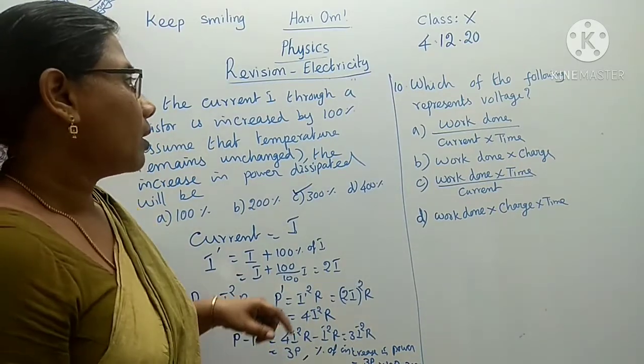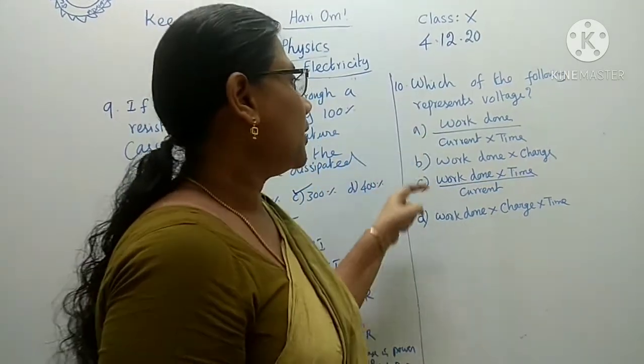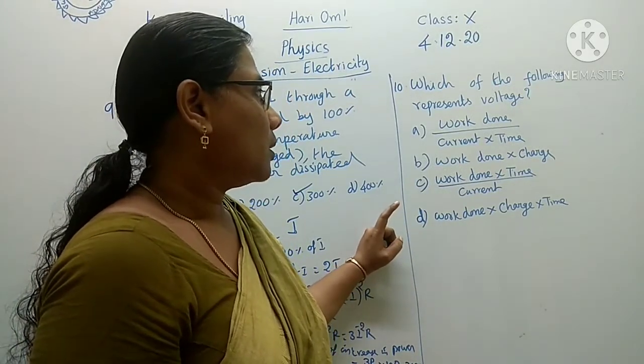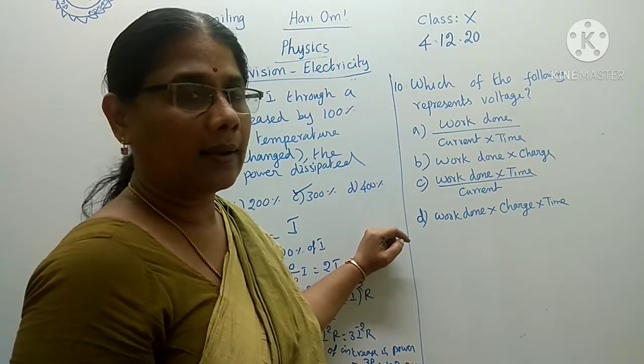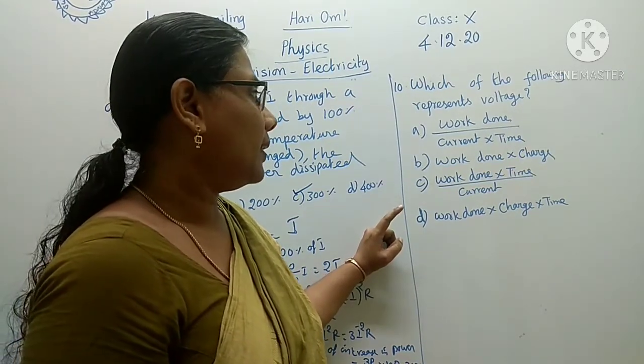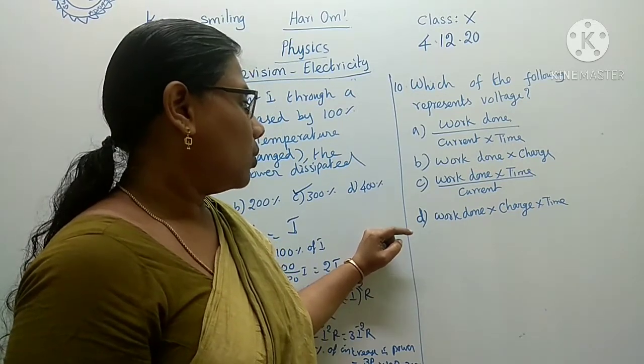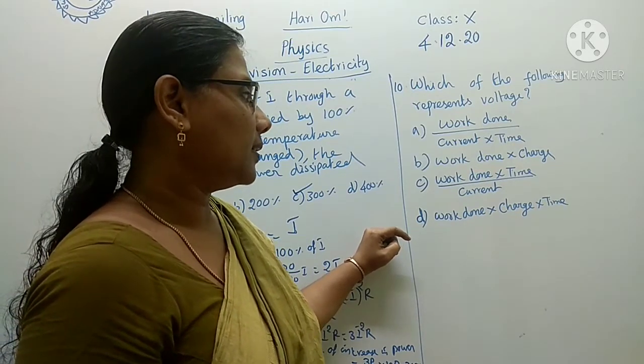Okay. Next one. Which of the following represents voltage? A work done by current into time, B work done into charge, C work done into time divided by current, D work done into charge into time.